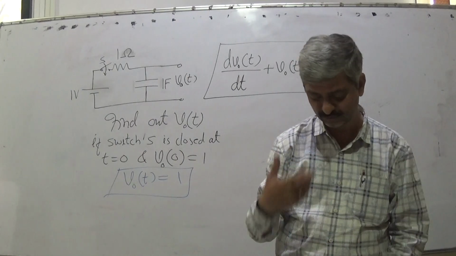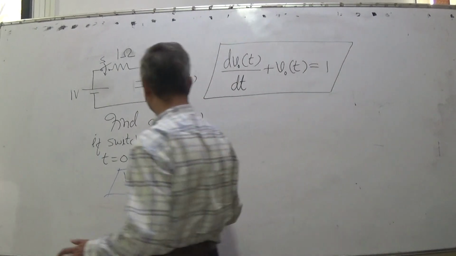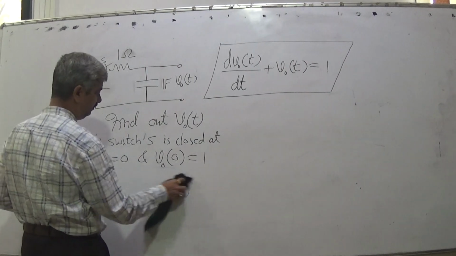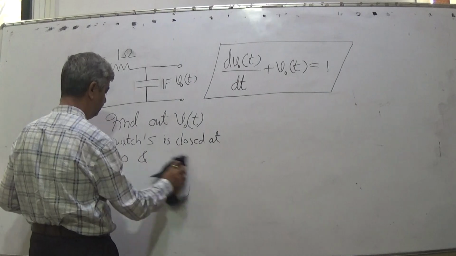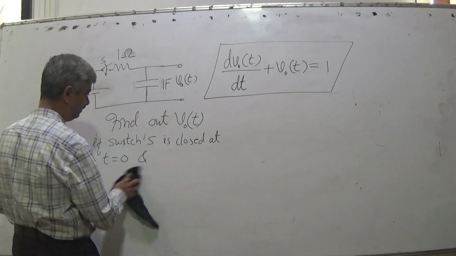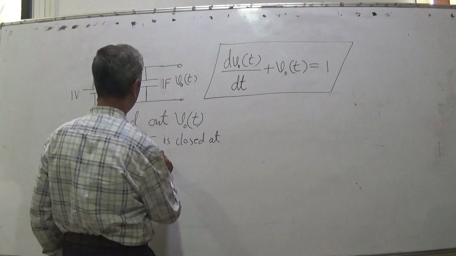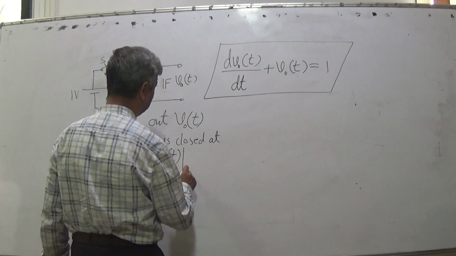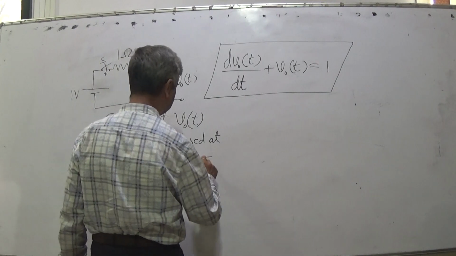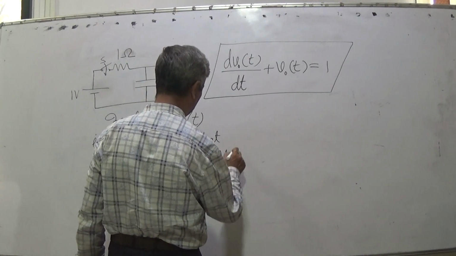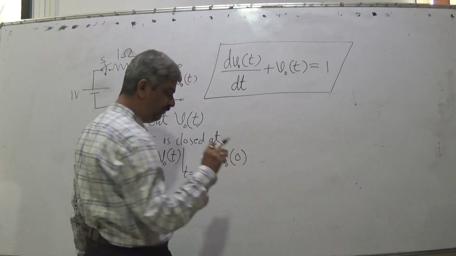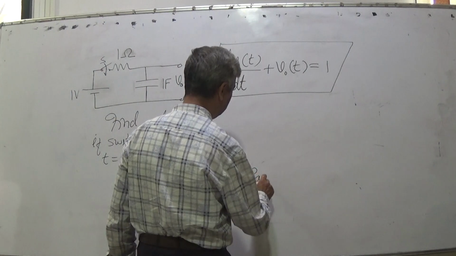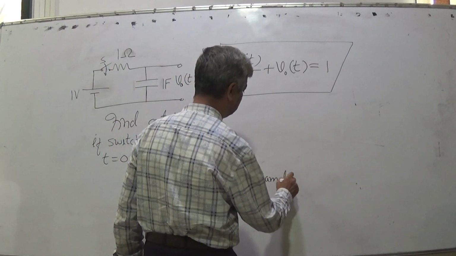Now the question is how to solve this differential equation in general. VOT at t equal to 0 is described as a variable VO(0). So VO(0) is a constant or a parameter for the given question.